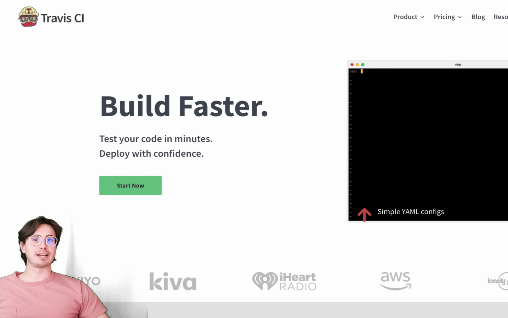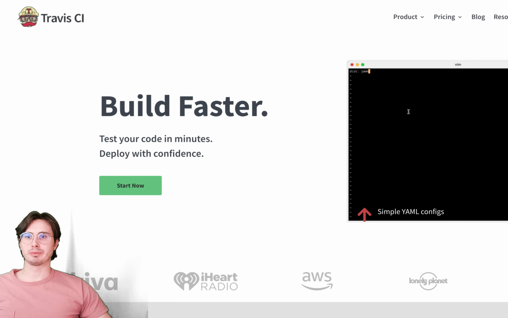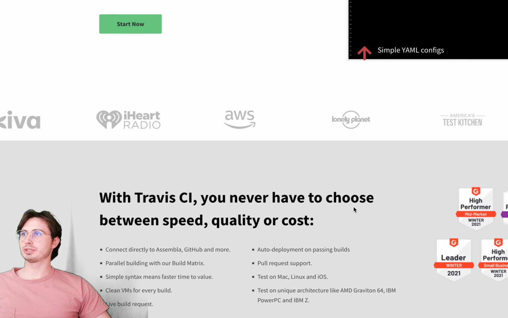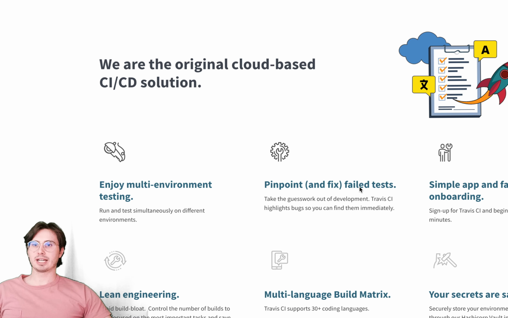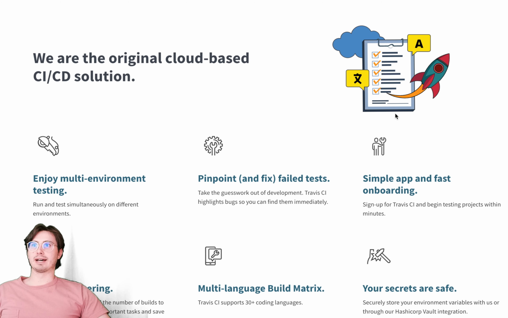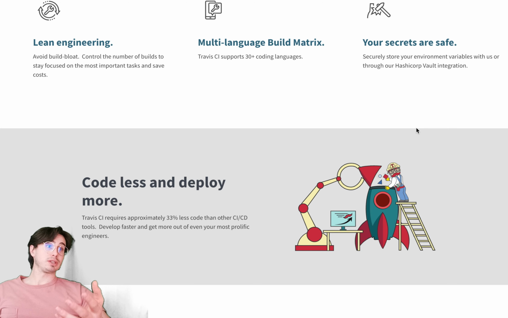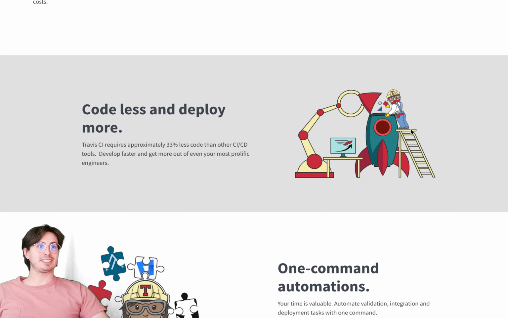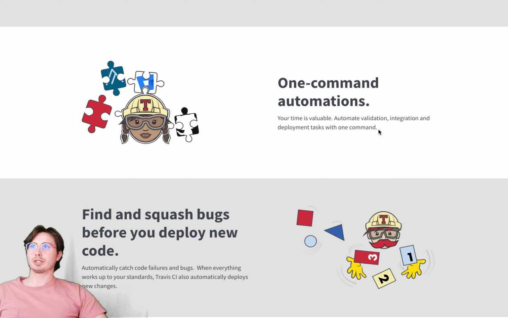So with TravisCI, it's really all about being easy to set up and use. It integrates well with GitHub, so if you're already using GitHub, it is a very simple thing to add onto it. You can see, code less, deploy more is their tagline here. So it requires a lot less code, because you have a lot of these automations built into TravisCI.